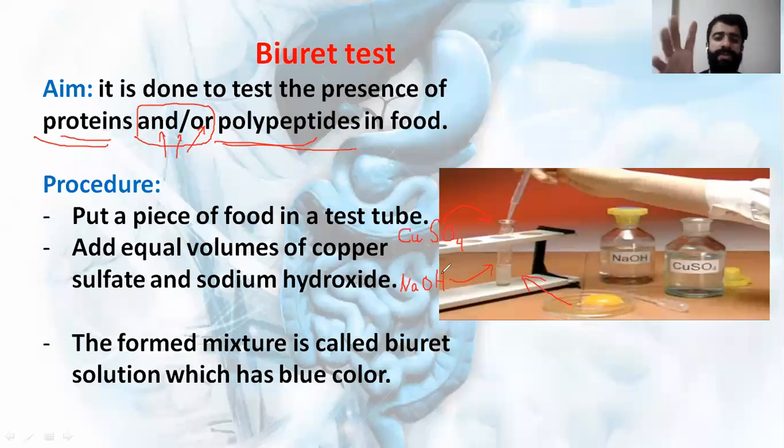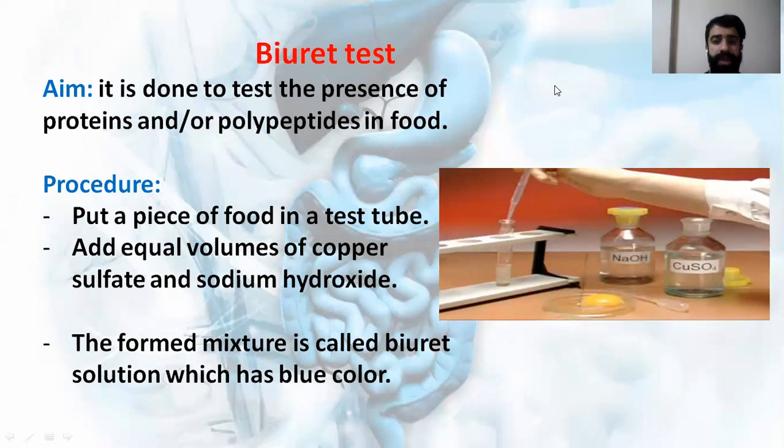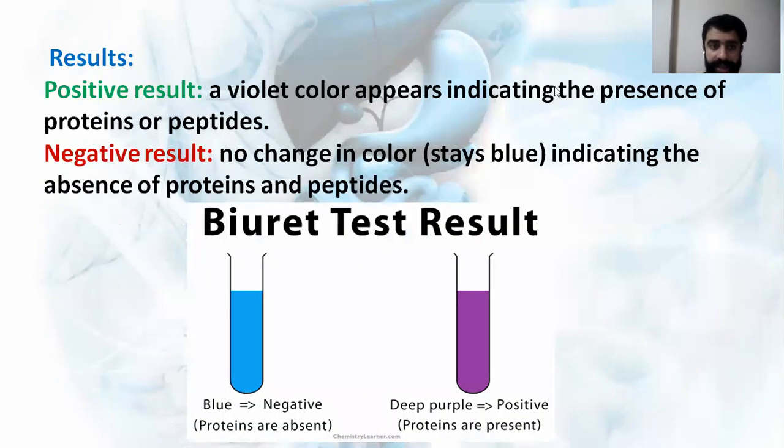So equal volumes of both sodium hydroxide and copper sulfate, CuSO4. The formed mixture, as you know, is called Biuret solution and not Beirut. This solution has a blue color. So let's continue, moving to the results.